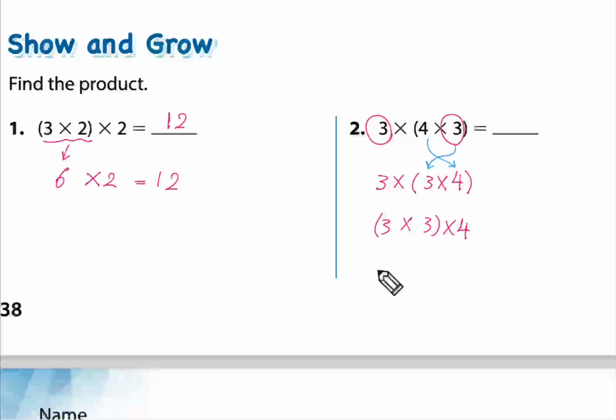Now, Muhammad Fahd, continue. 3 multiplied by 3 equals? 9. And 9 multiplied by 4? We know it already. 36. So the product is 36.